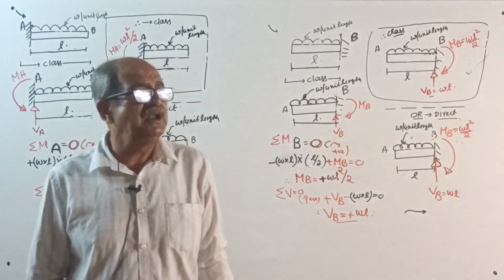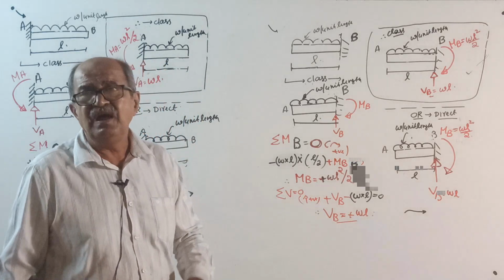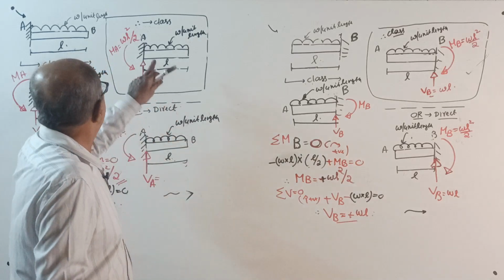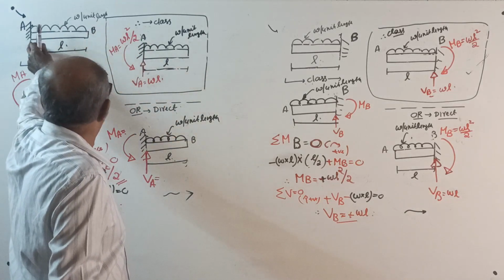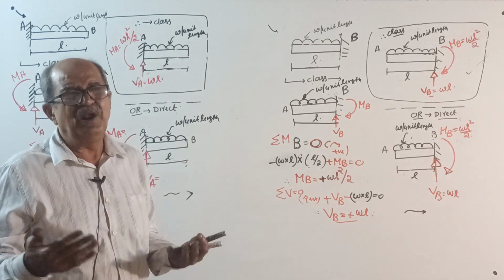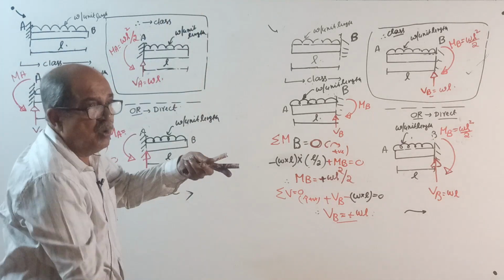Start now. Solution. It is a bookwork question. Before I go further, I should not tell first of all UDL of W per unit length for length L. W into L is the load.